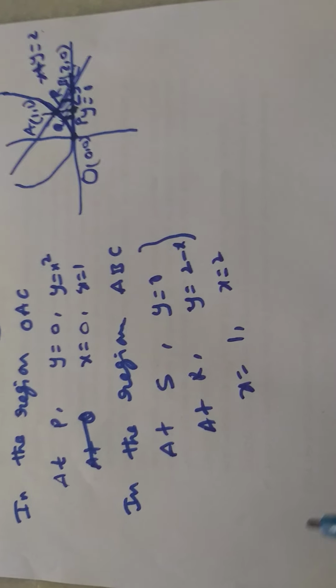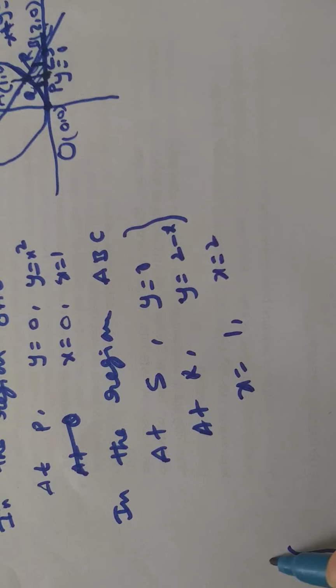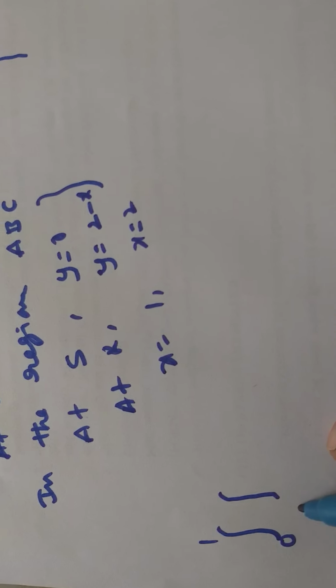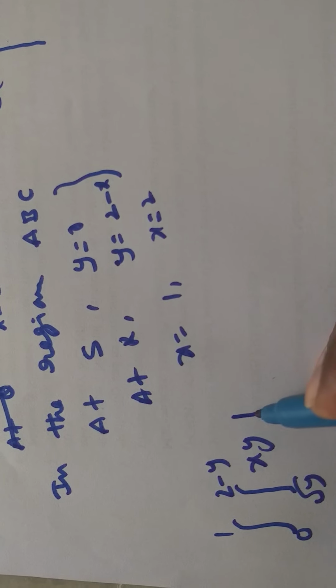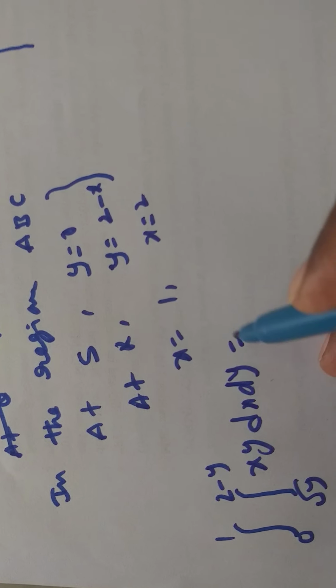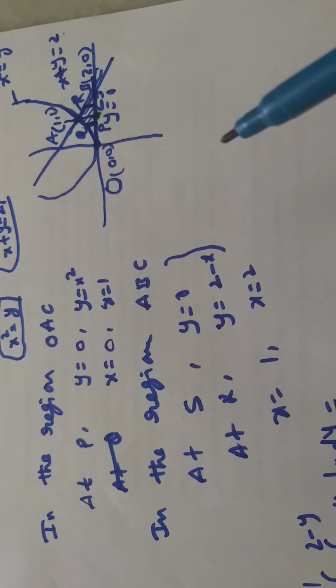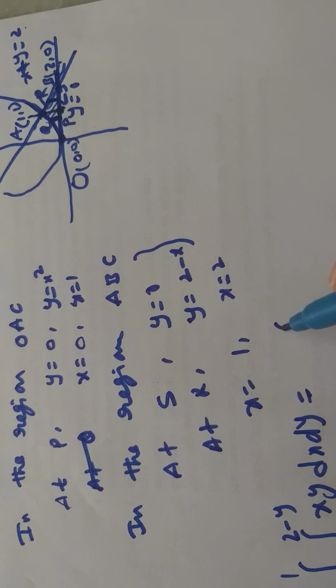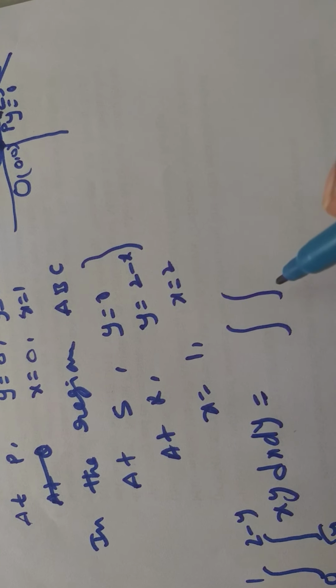Our given problem is the integral from 0 to 1, integral from root y to 2 minus y, of xy dx dy. After changing the order of integration, the region is divided into two parts, so we split the integration into two parts.